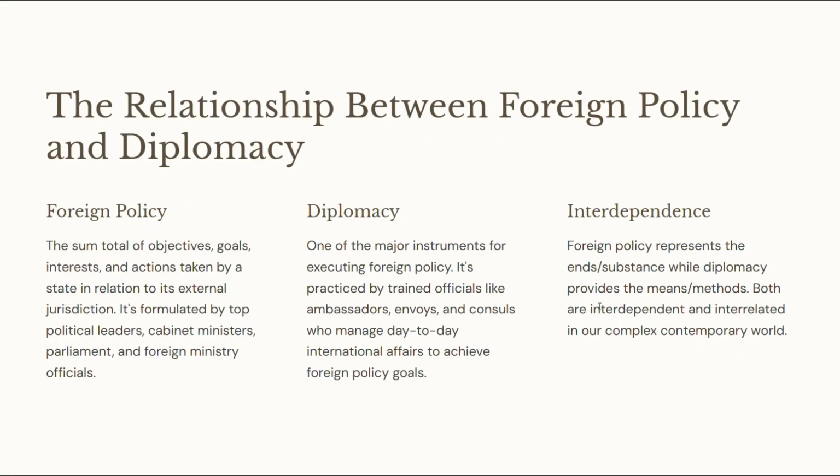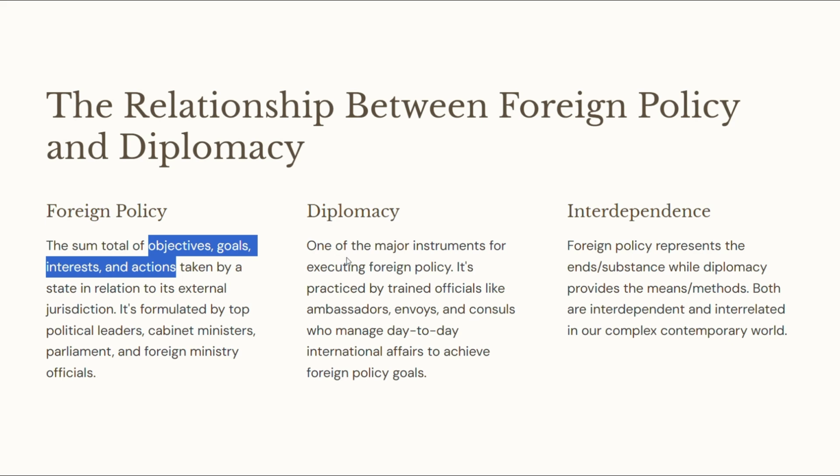Now, there is a relationship between foreign policy and diplomacy that we already discussed. So, let's see in brief. Foreign policy is the sum total of objectives, goals, interests, and actions taken by a state in relation to its external jurisdiction. It is formulated by top political leaders, cabinet ministers, parliament, and foreign ministry officials.